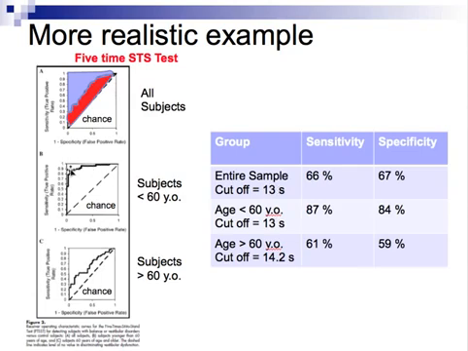They're looking for this kind of corner point. In terms of the entire group, the specificity and sensitivity values are pretty low. But for the people under 60, using a 13-second cutoff gave pretty high sensitivity and specificity values. And again, for people over 60, it wasn't so good.